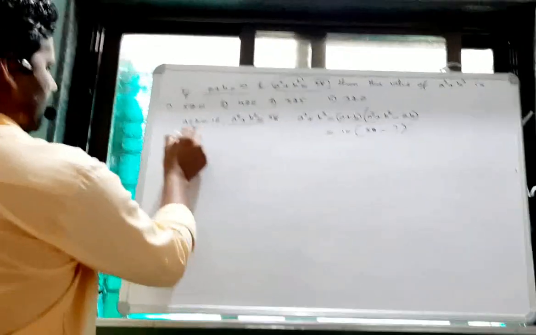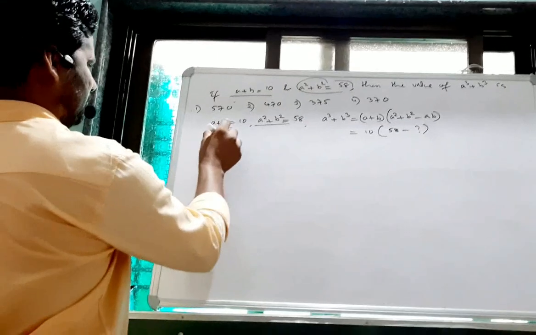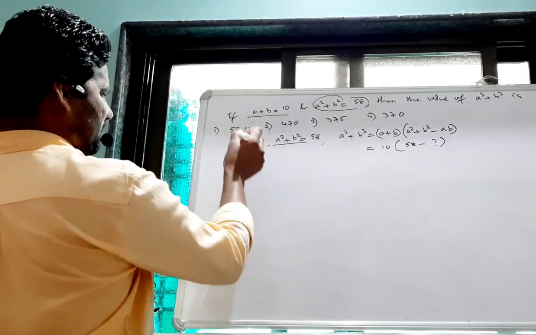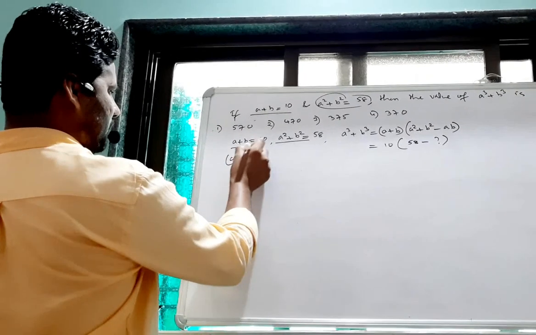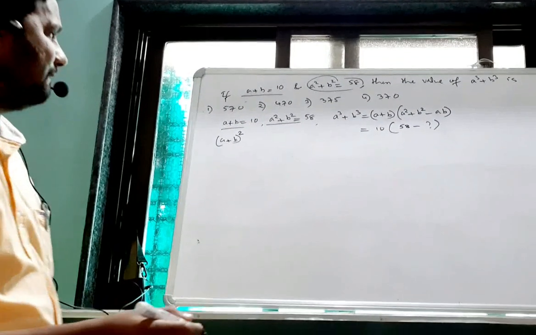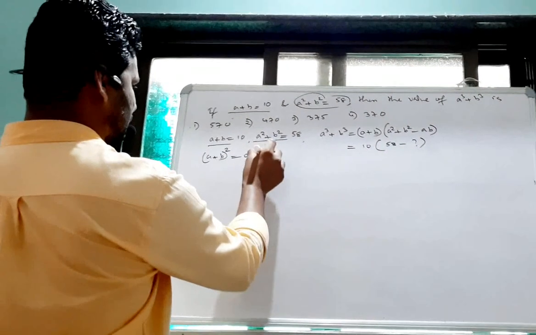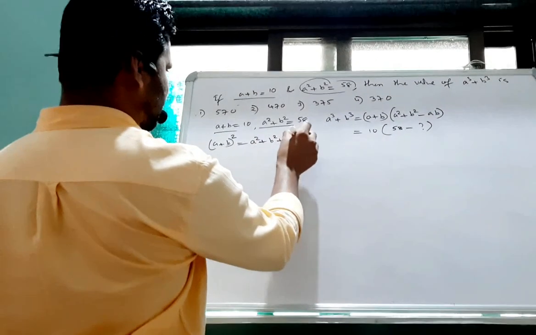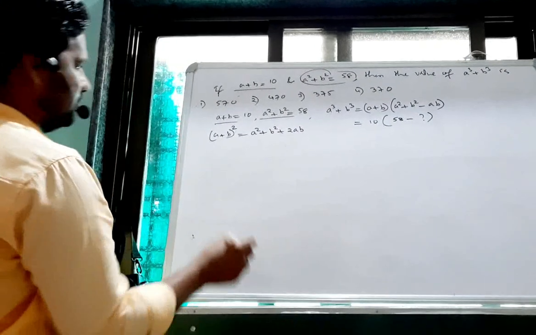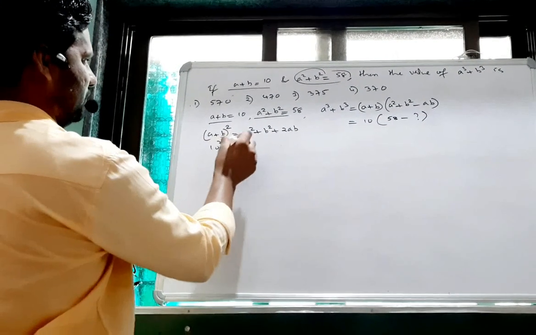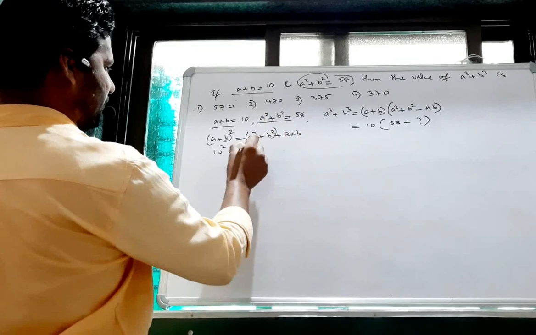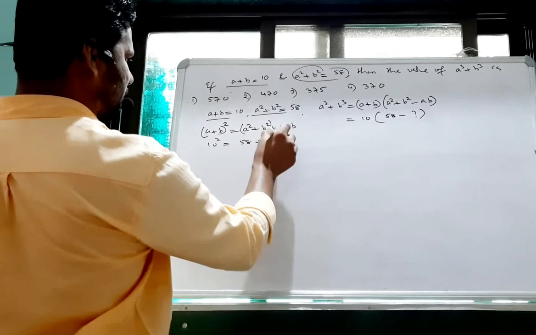Now I can use the formula of a plus b whole square, because a plus b is given as 10. That is a plus b bracket square is equal to a square plus b square plus 2ab. So here 10 square, a square plus b square is given 58, plus 2ab.